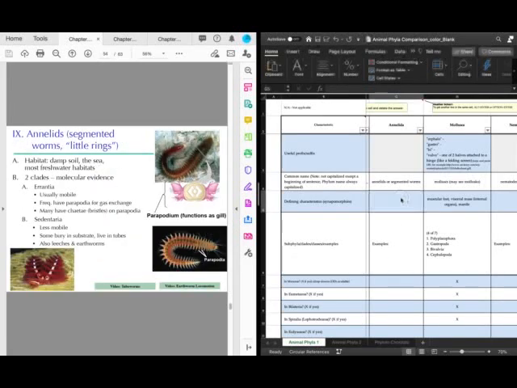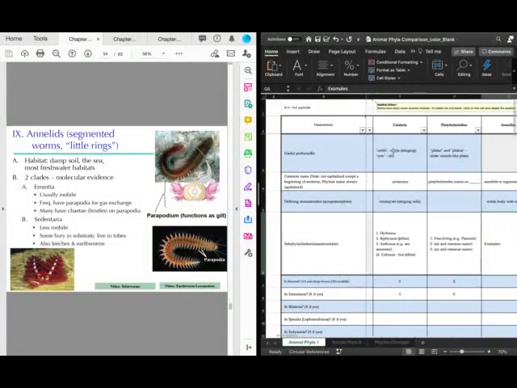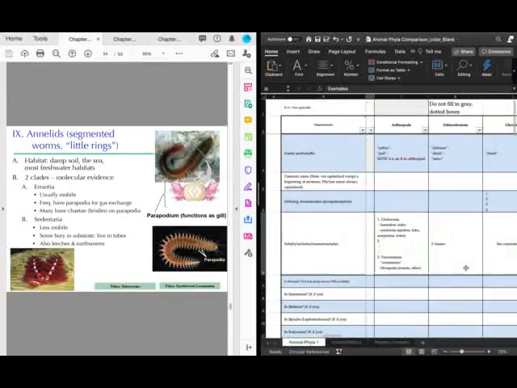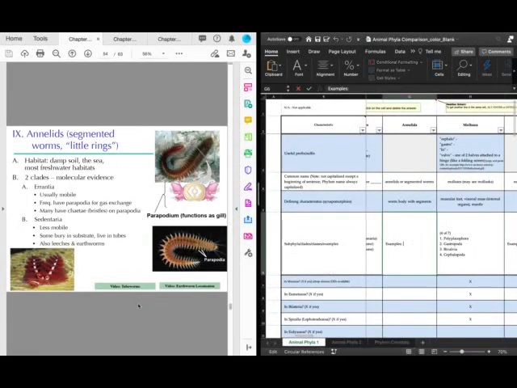They're the only ones that have a segmented worm body with segments. Oh yeah, and as I went along, we did see these. So cephalo was defined in there as head, gastro is stomach. That's how these names come about. Examples, well, we look like we have leeches and earthworms.